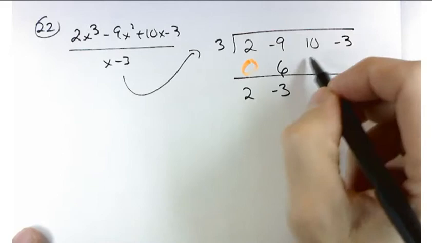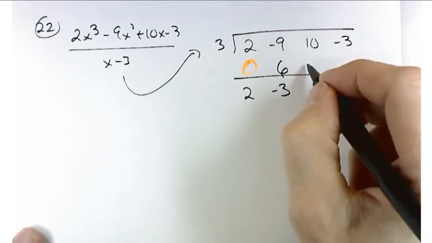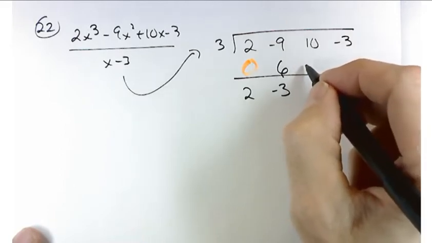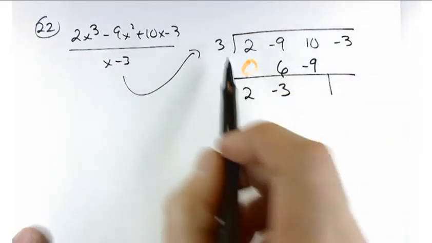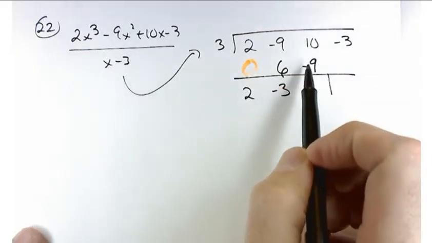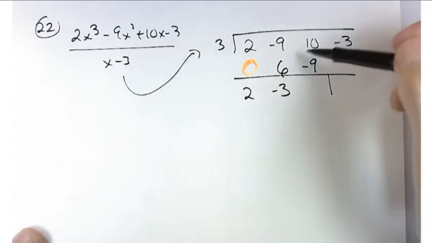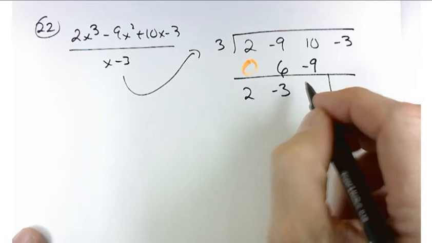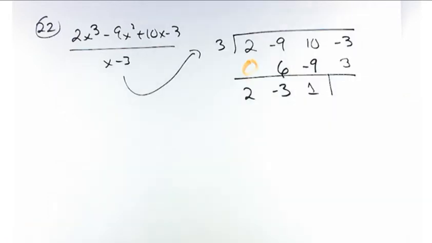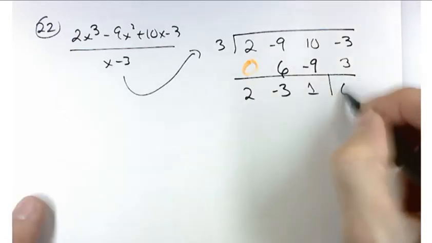Negative 3, and then what can I put up here? All right, so negative 9, right? 3 times negative 3 gives me negative 9. Rhonda, what comes down here? A 1. And then the last one over here. Yeah. 3 and then a 0.